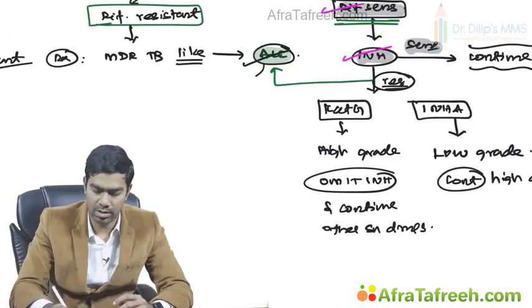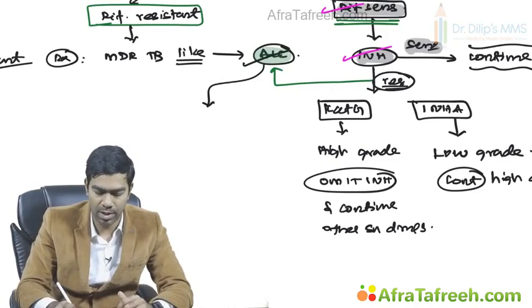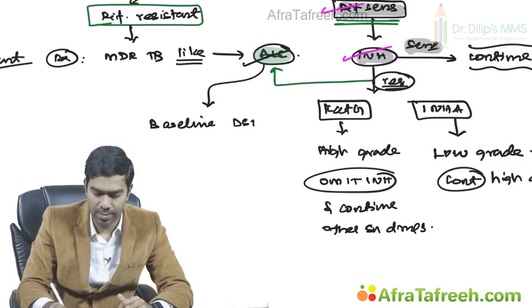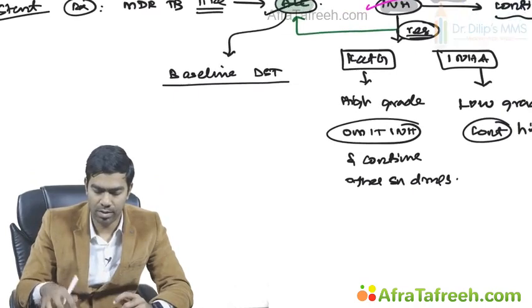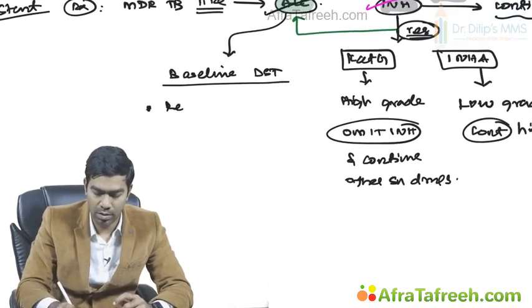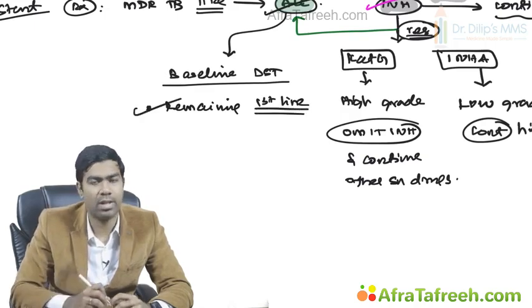So what is ALC going to do? It does two types of testing. One is called a preliminary or baseline drug sensitivity testing. What you're going to get out of this baseline drug sensitivity testing is the sensitivity of the remaining first line drugs. You know what the remaining first line drugs are?